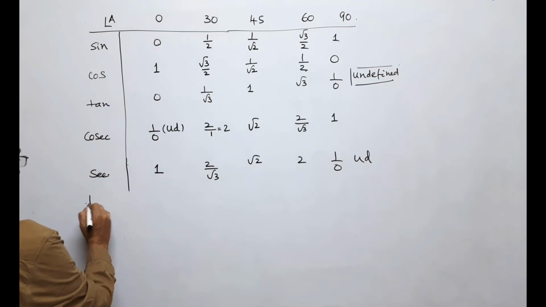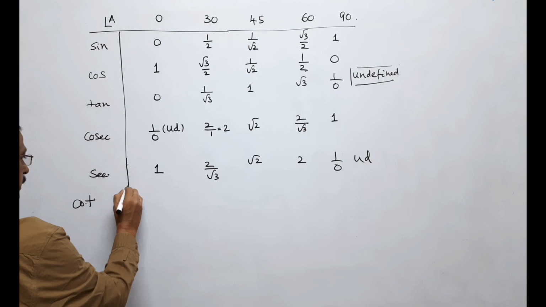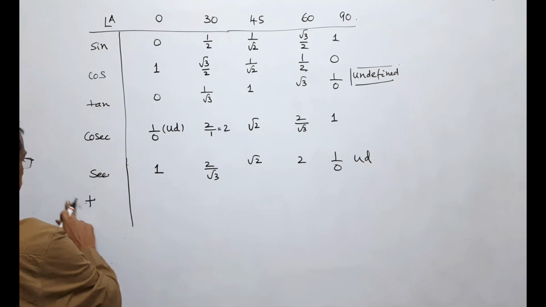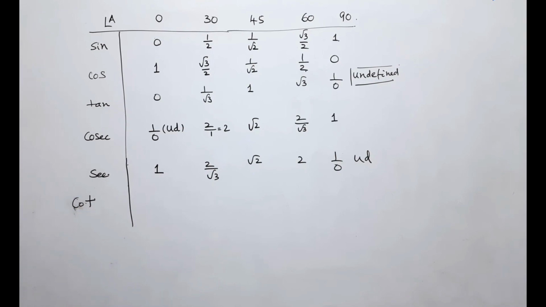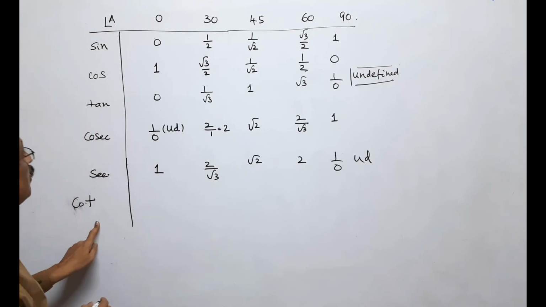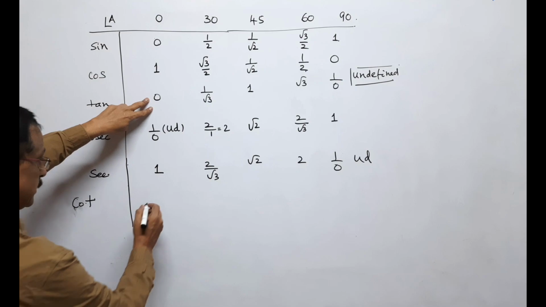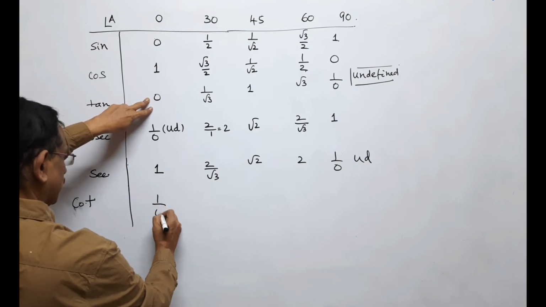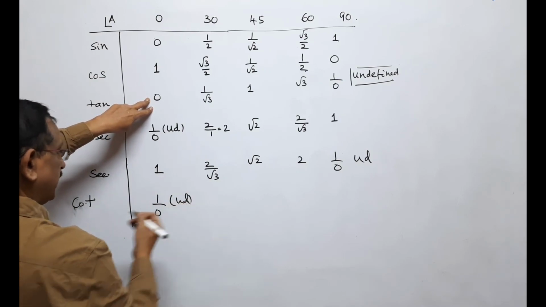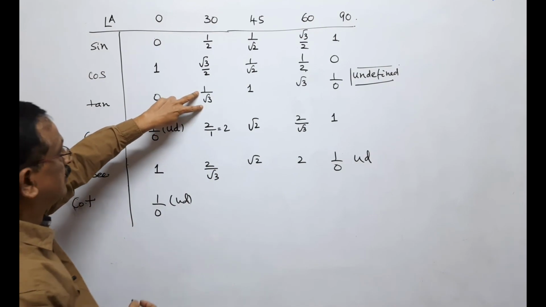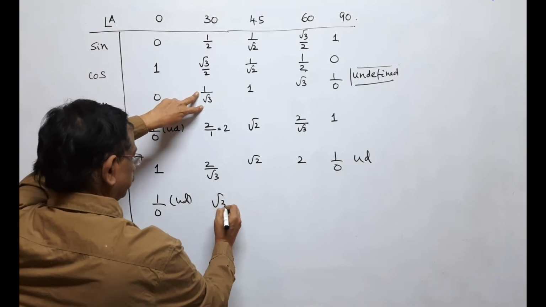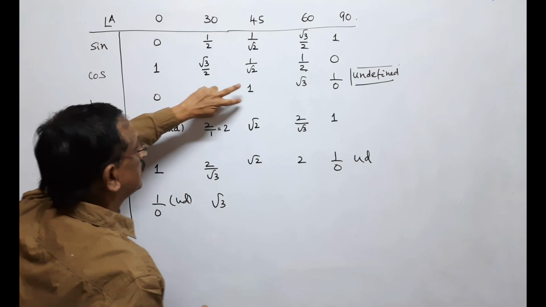Now, finally, I have to write down cot. Cot of 0 is 1 by tan 0. So 1 by 0 again, undefined. Then 1 by 1 over root 3 is root 3 by 1.